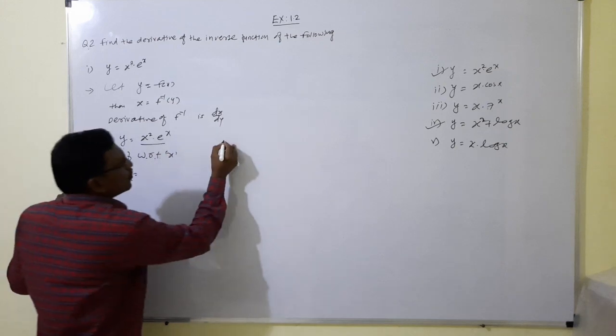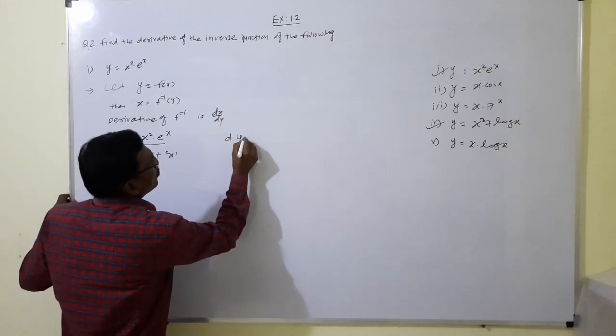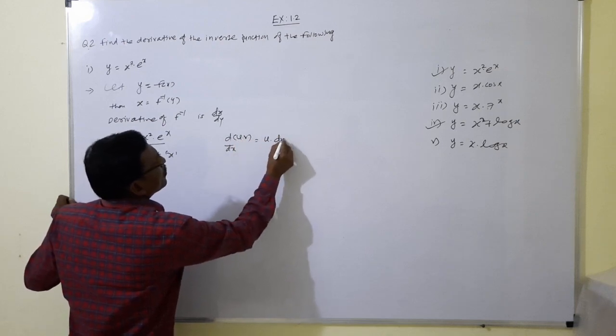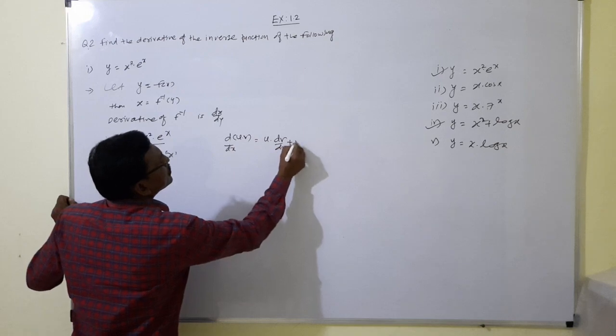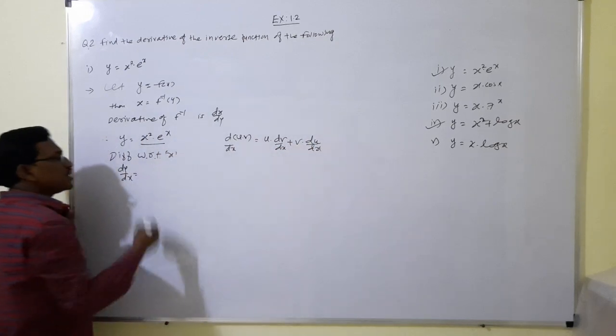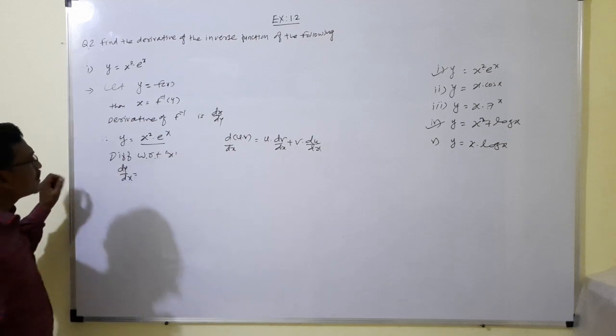The derivative of u into v is equal to u as it is into derivative of v plus v as it is into derivative of u with respect to x. We apply this rule here.